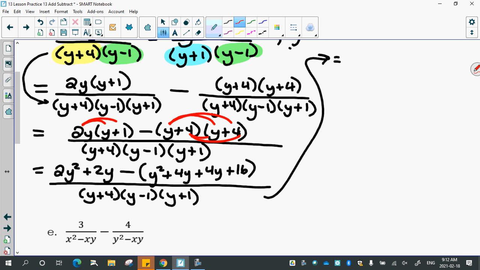So what I'm going to do is collect those like terms inside the bracket.